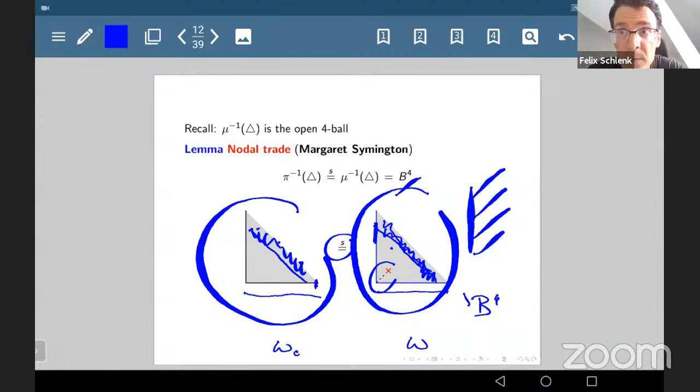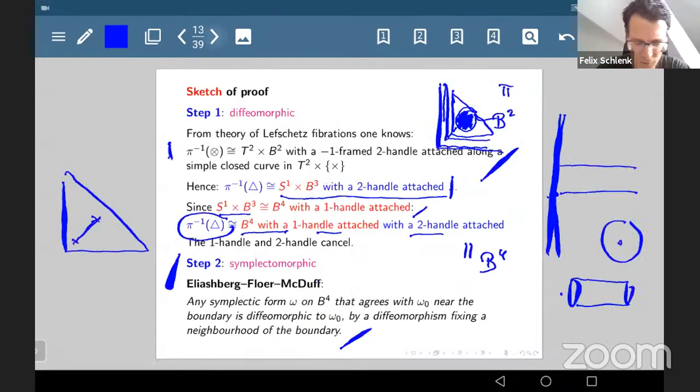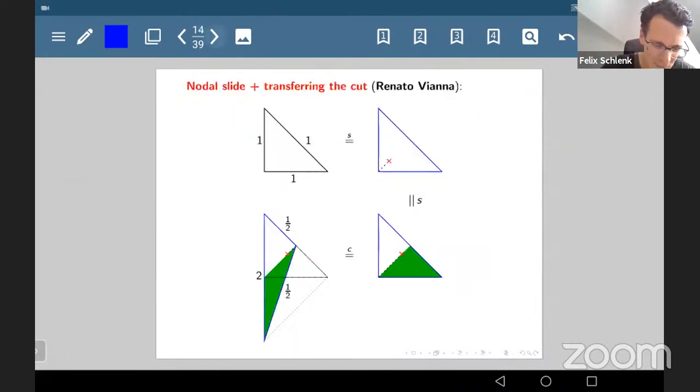It's totally open for CP3. It's very strange. In symplectic topology, you can ask many questions and some are approachable and some not. Hard problem. Good.